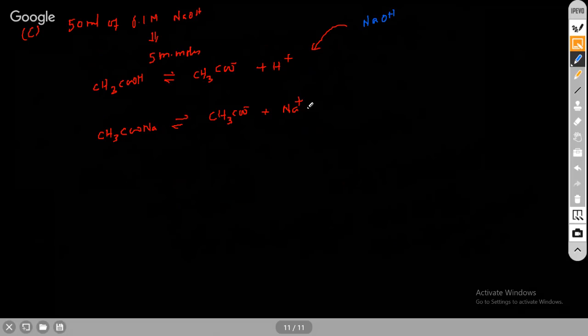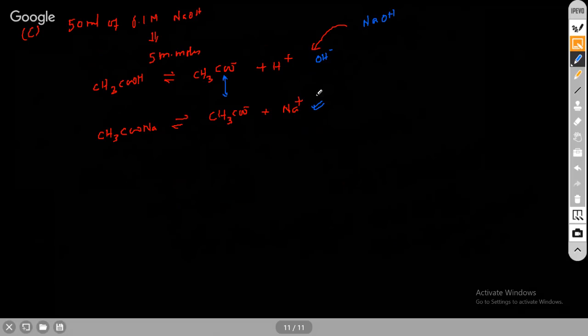So NaOH gives OH minus, because this is a base we are adding. The acid is weakly ionized, and its dissociation will be very less because of the common ion effect. So the concentration of Na plus will be far more than that of H plus.